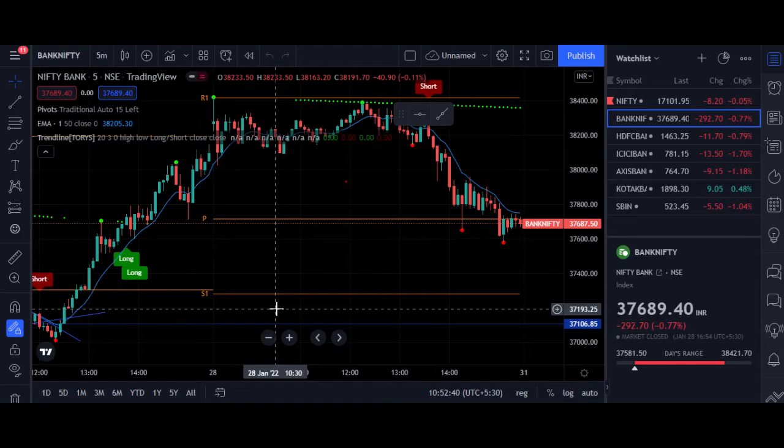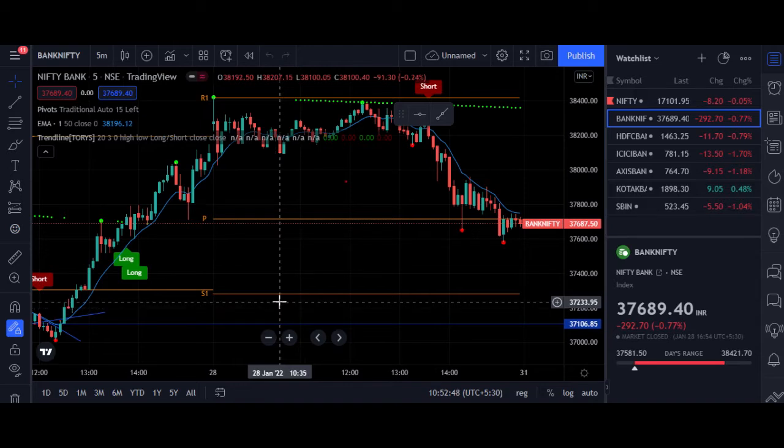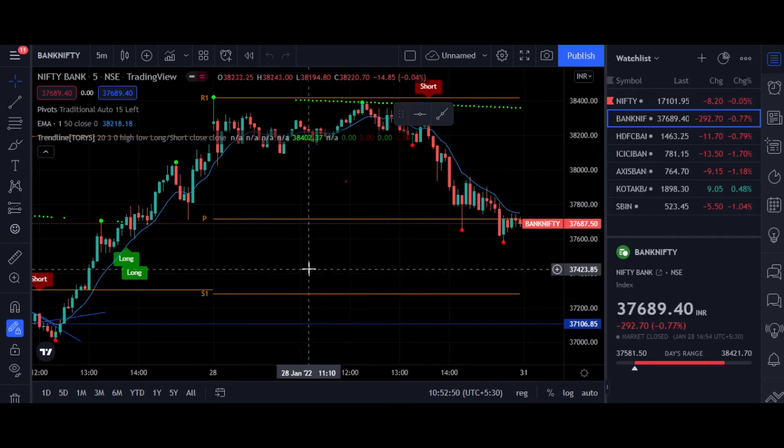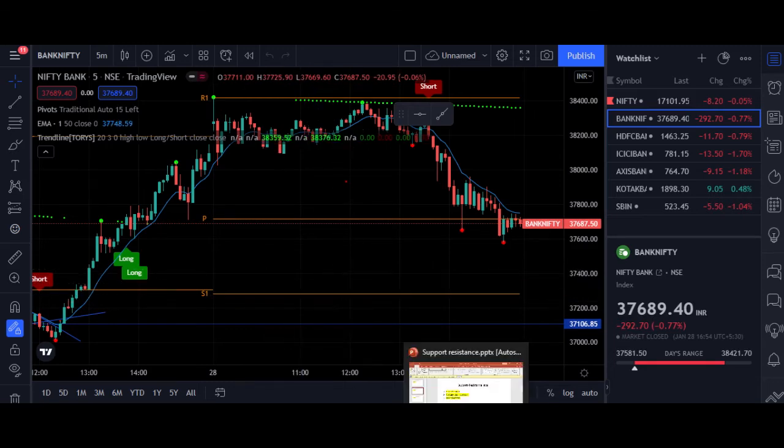You need to just zoom it out. Let me remove all the pivot levels or the touch indicators which I have drawn here, so that they will not create confusion. So we removed everything. Let's zoom it out. So how to draw the support and resistance levels?